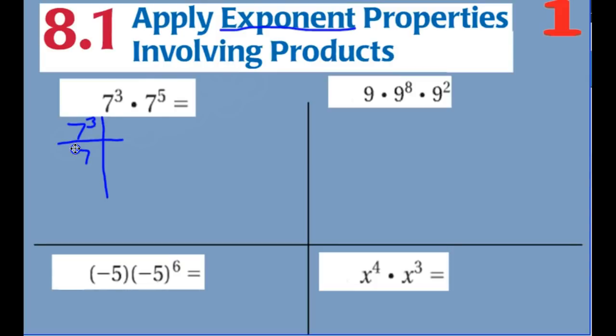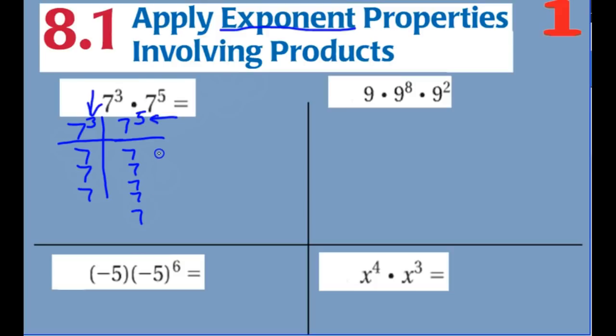So we have 1 7, 2 7s, and 3 7s, times 7 to the power of 5. Well, if this was 3 7s, then here we will have 5 7s. So 7, 1, 2, 3, 4, 5 times.